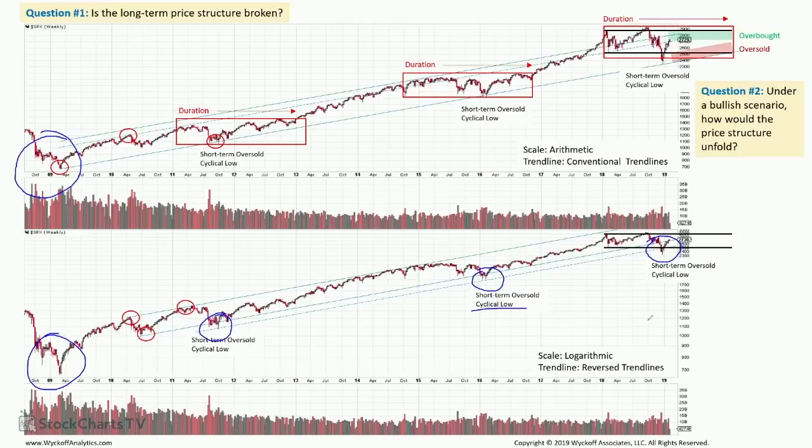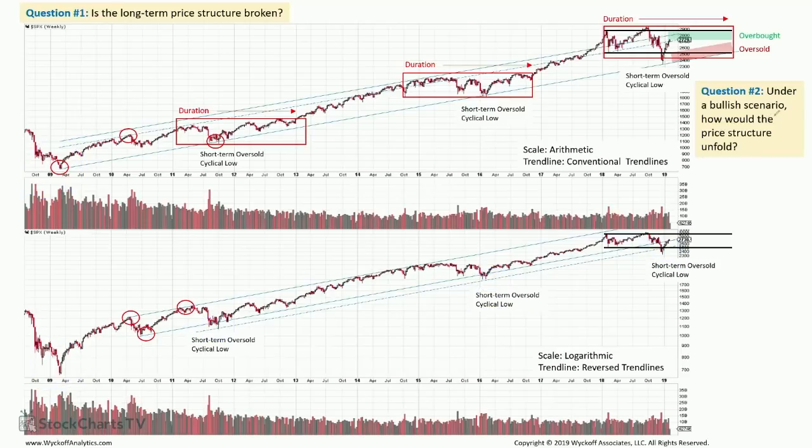There are secular uptrend markets that are going to have very significant cyclical lows like 87, 89, 91, 94, 97, 98 before we actually hit the top. And those could be quite significant, 15, 20% within the structure of the overall big market. So that is the first question that we want to answer today.